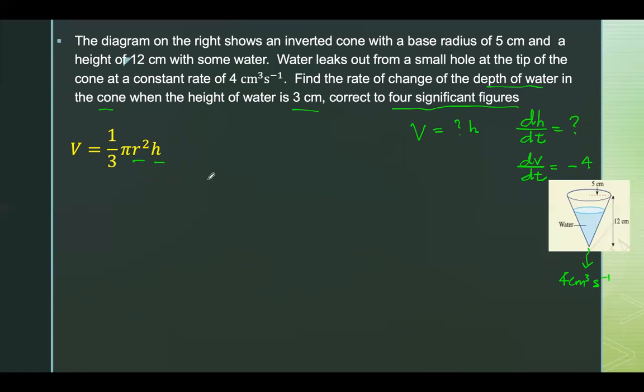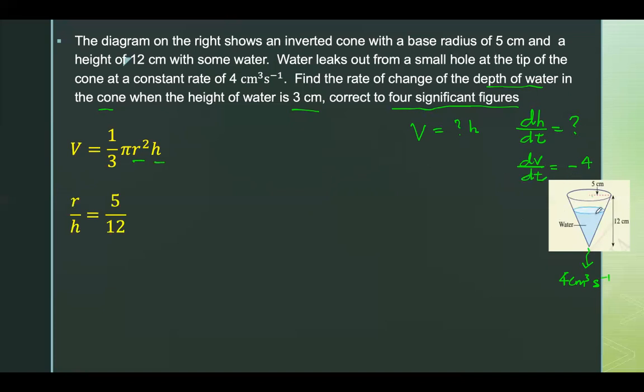So how to do that? So it's given that, all right, the cone has radius 5, and then the height is 12. So we need to find R in terms of H, okay? So by using the ratio, okay? So how to get this? Right, so let me explain.